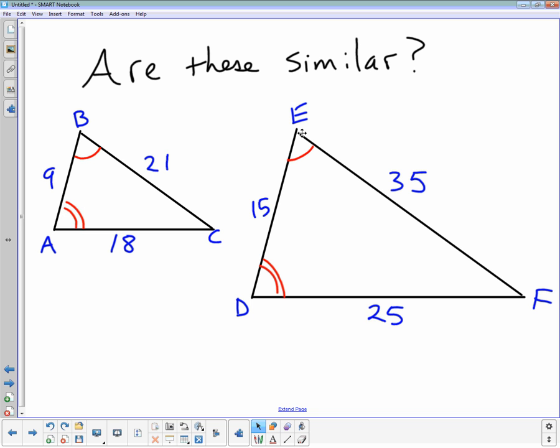Why? Well, C looks like it's supposed to be congruent to F, right? But we don't know it. Is there any way that we could? Yeah, we have the tick marks on the other 2. There's no tick marks on it, right. But we do know the other 2, right?